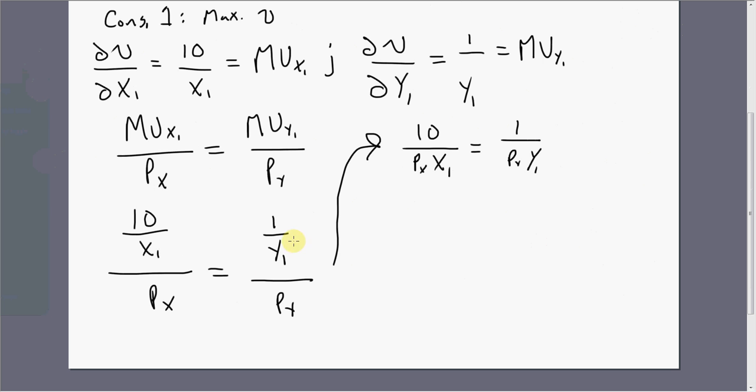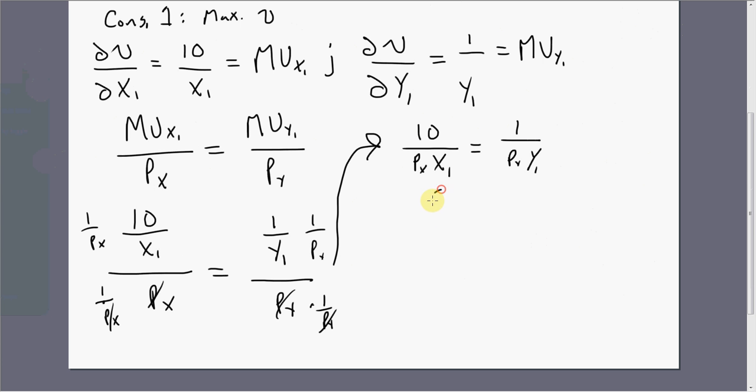Okay, so all I did here was multiply the denominator and numerator by 1 over the price of good X, and then I did a similar thing over here, or multiplied the denominator and numerator by 1 over the price of good Y. And you're left with this expression.